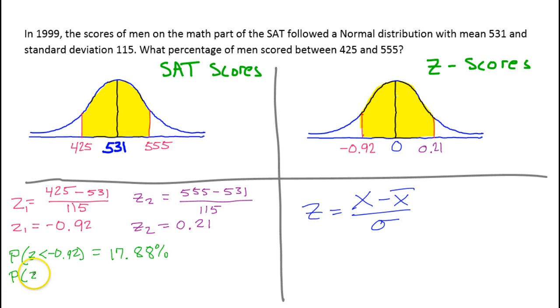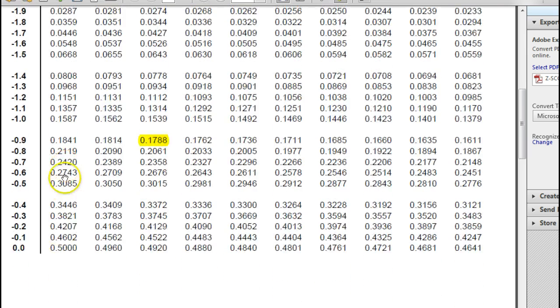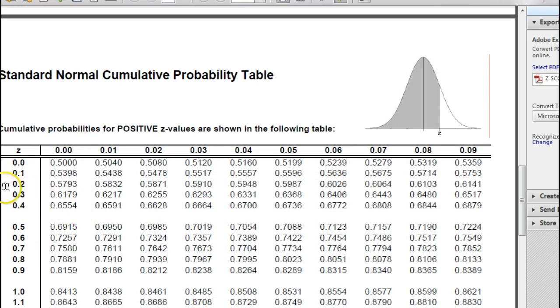Okay, now let's find the percentage of z-scores to the left of the other z-score, 0.21. Okay, so let's find 0.21. That's a positive number, so it's going to be on this page. Here's 0.2. Now this would be 0.20.